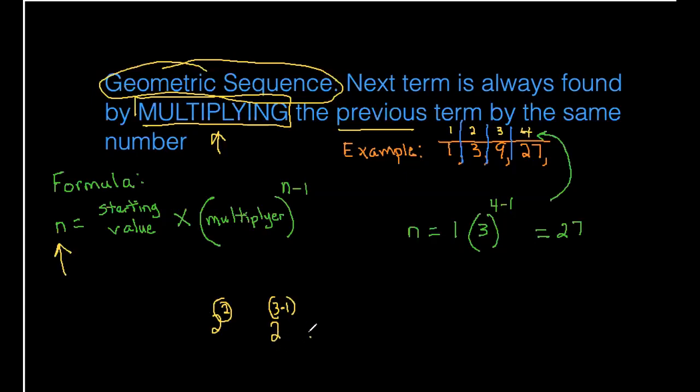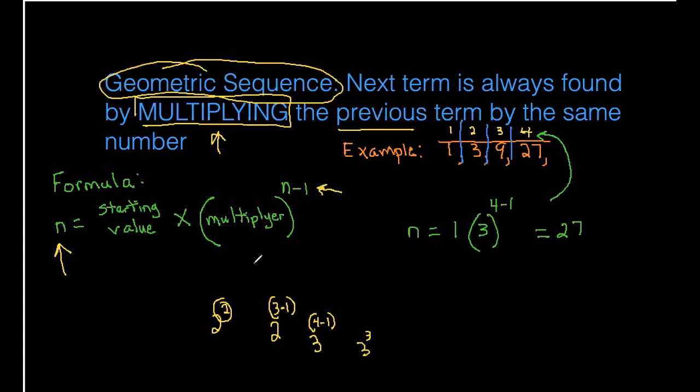Let me give you another example. 3 to the, let's say it was the fourth term I was trying to figure out, minus 1. So that would be 4 minus 1 is 3. That would be just the same as 3 to the third, which is 3 times 3, which is 9, times 3 is 27, okay? So this thing I'm now pointing at is the exponent. It's the term you're trying to find out, minus 1.